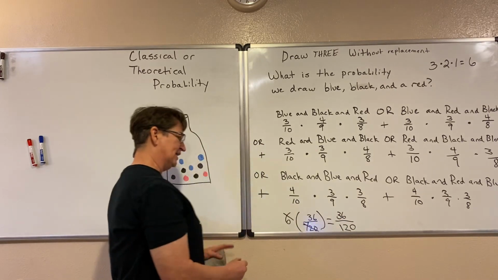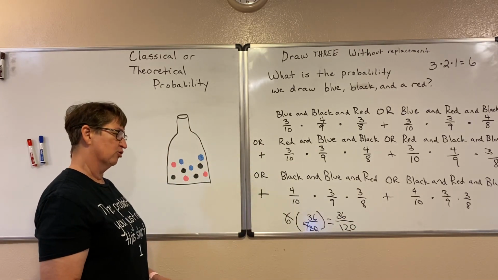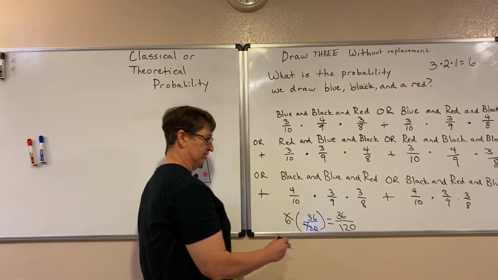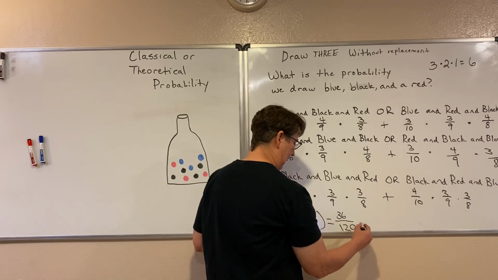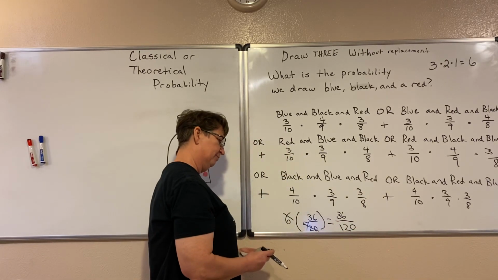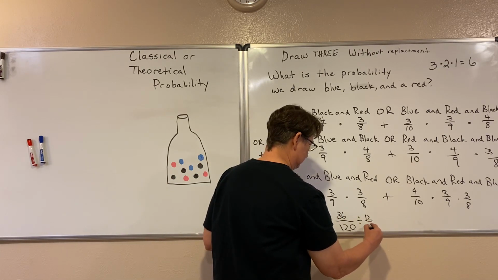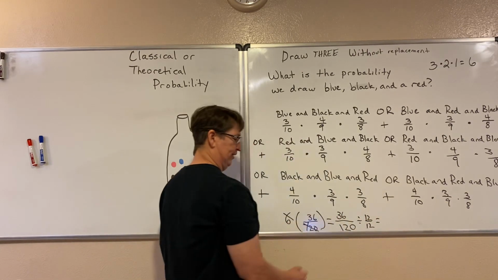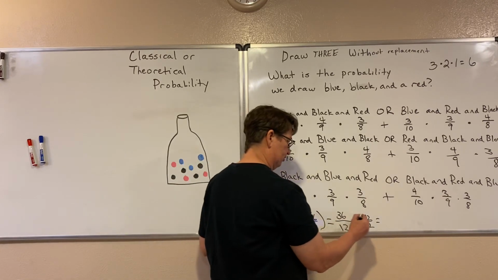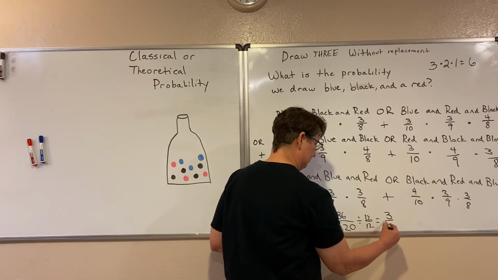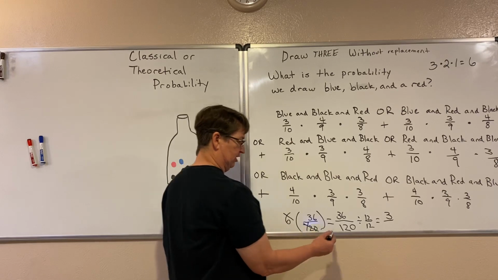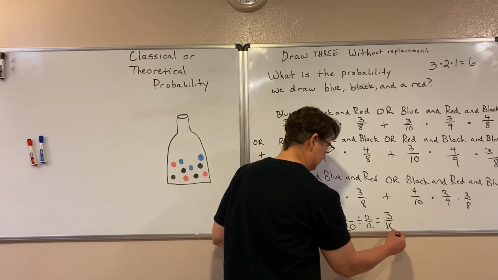So when I multiply 6 times 36 over 720, I get 36 over 120. I can divide the top and bottom, well, by 12 over 12, a fancy 1 there, 12 over 12. 12 goes into 36 3 times, and 12 goes into 120 10 times.